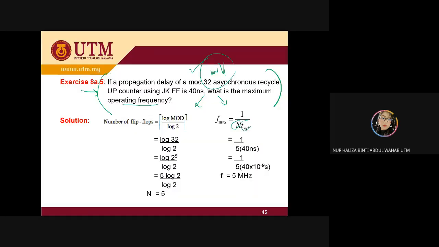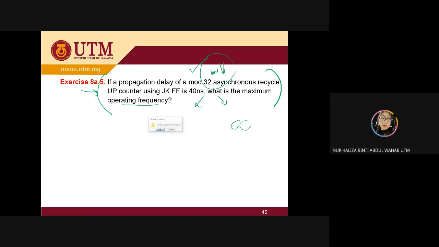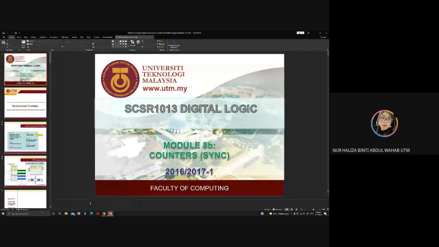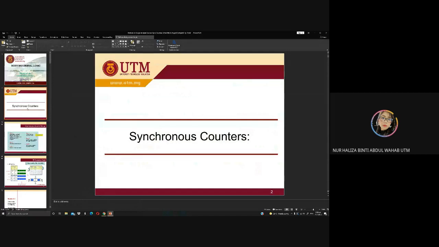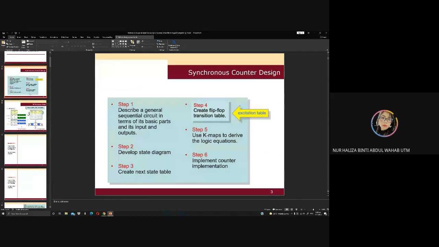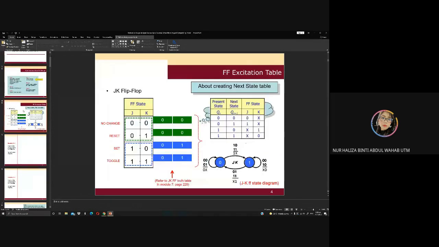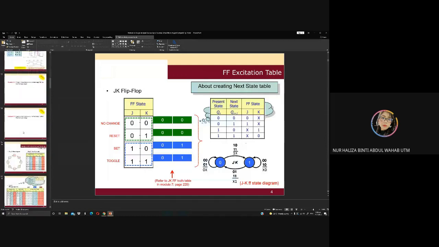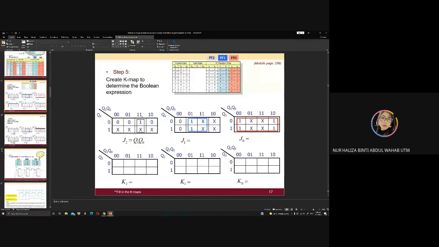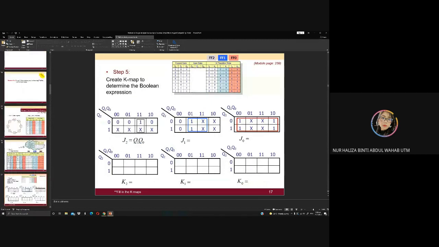Okay, we finish with our module 8A. Any question? So later on, after this, we will meet our module 8B before we go for the final module 9. From here, you can see you have much more advanced content, where you're also going to apply your K-map later on.